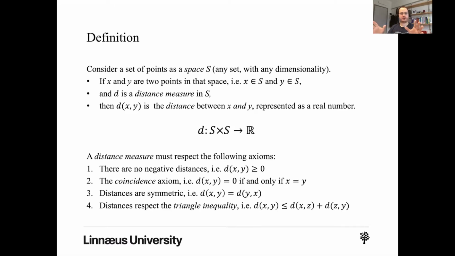That could never happen for a distance measure. You could never take a detour through some other point in the space that ends up being shorter than the distance between x and y. If that happens, this is not a distance measure anymore.